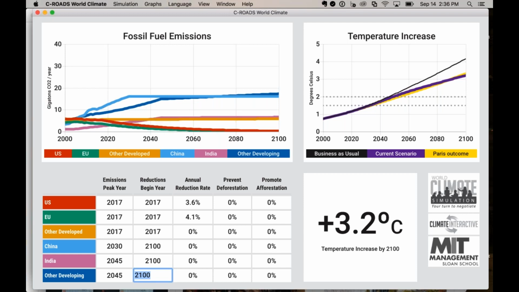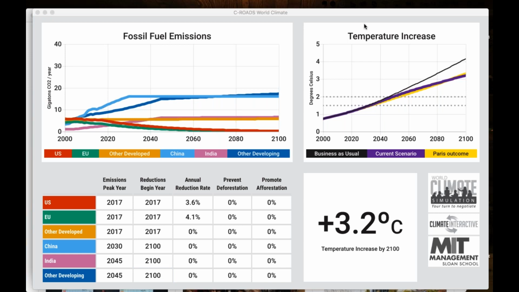So hopefully a lot of that growth that's expected in fossil fuel emissions from the other developing countries will be minimized as they essentially leapfrog over the dirty, polluting fossil fuel development paradigm that the US, EU, and others followed, and can instead jump onto a cleaner development pathway. All of that, of course, is to be seen, and hopefully will be a reality, but it's going to take some work.